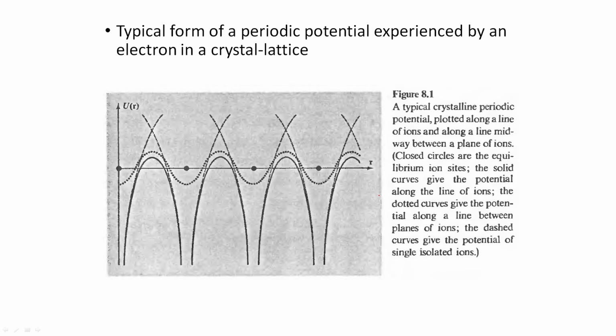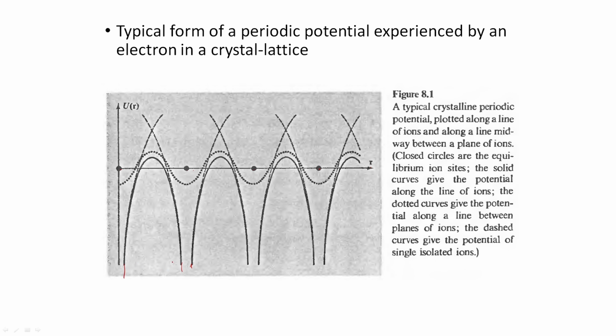This is taken from the standard solid state physics textbook by Kittel. As you can clearly see, this is the potential energy U(r), and these are the locations of the ionic cores. The electron potential energy will behave like this.